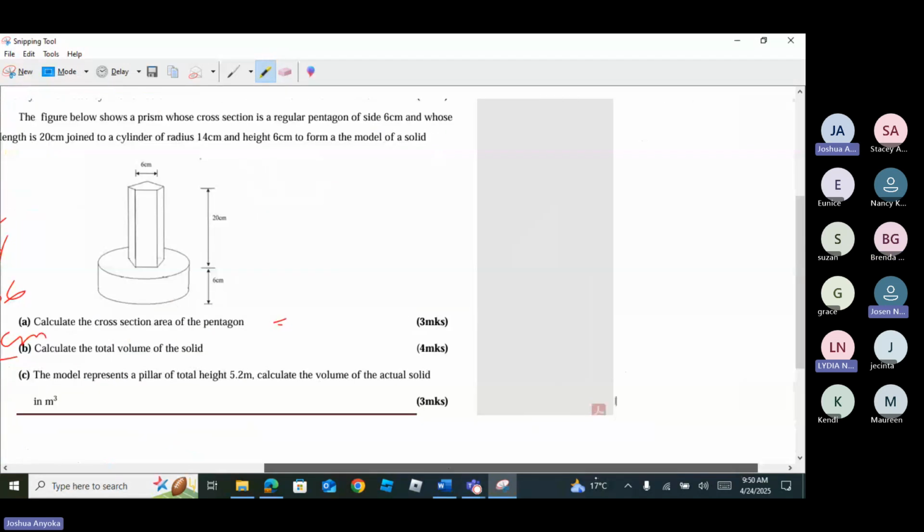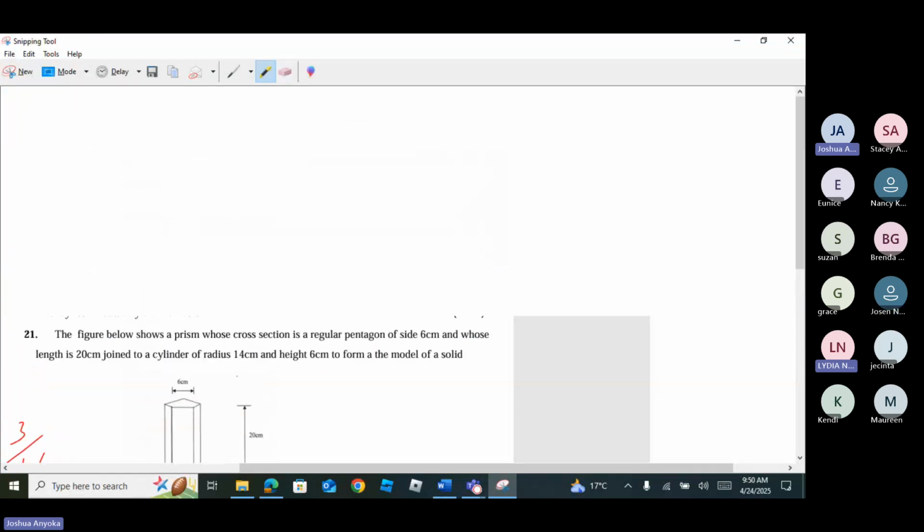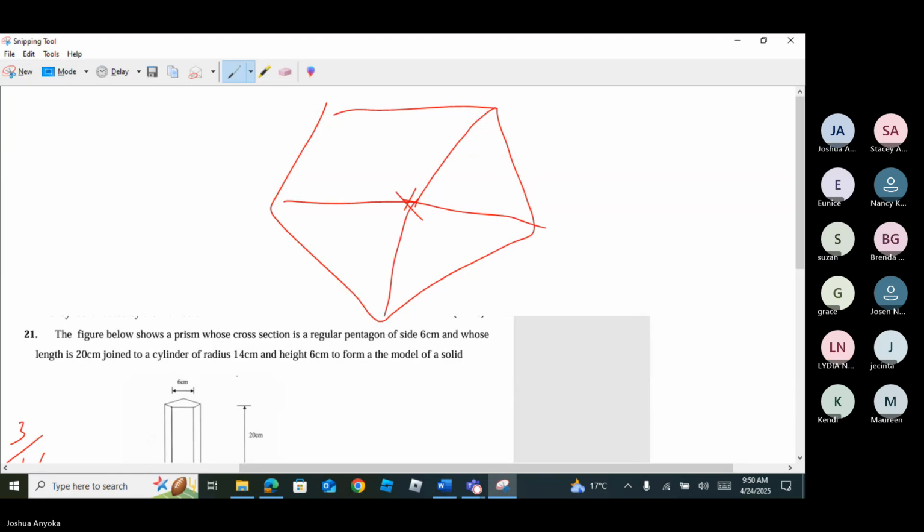Part A. Like the first question we worked out, we said this is a pentagon. For a pentagon, we can divide it into 5 equal triangles. The angle at the center is 360 divided by 5, which is 72. If we drop a perpendicular, this one would be 36, and this will be 36. The side is 6, so this one would be 3.